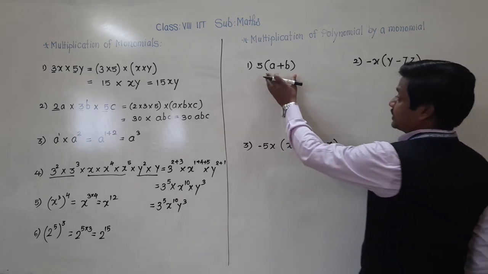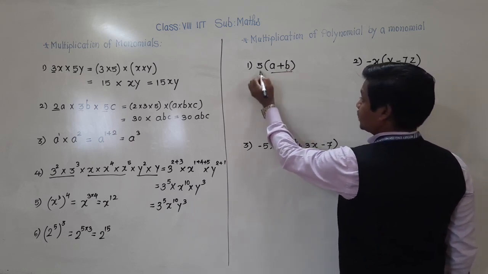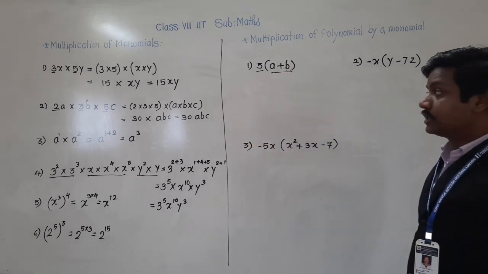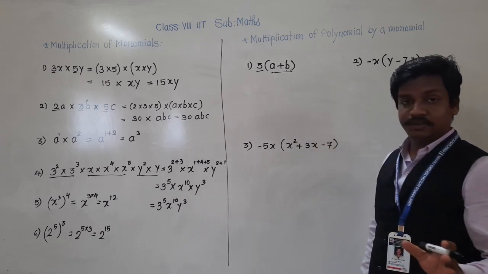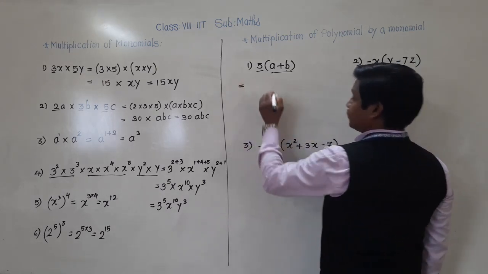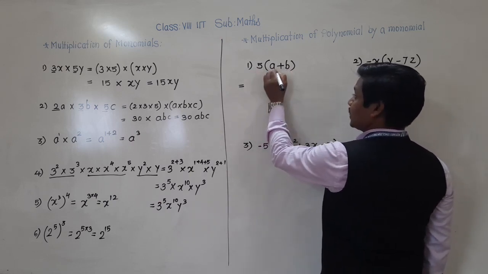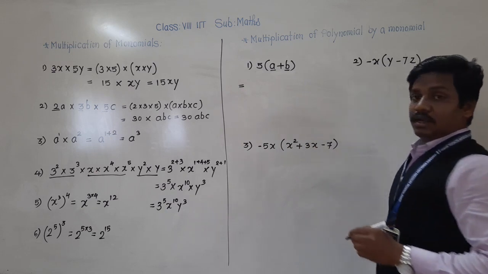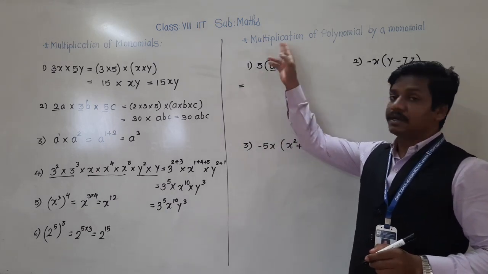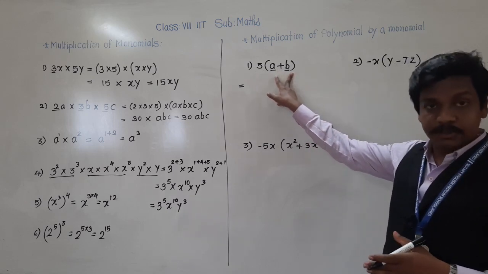See here, first example: find 5 in bracket a plus b. So this is our polynomial and this is the monomial. How to multiply? Pay attention very carefully. We have solved such types of examples. In the bracket there are two terms, a and b, and this 5 is multiplied to the bracket. That means 5 is multiplied to both the terms of the bracket.